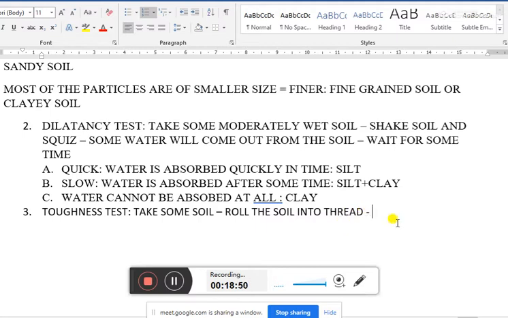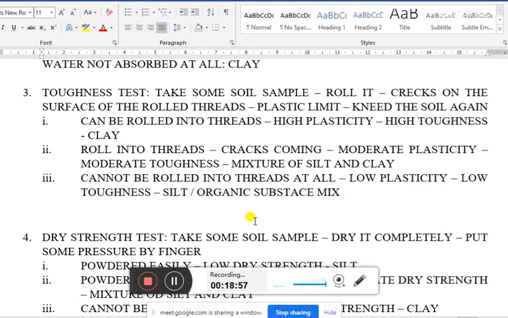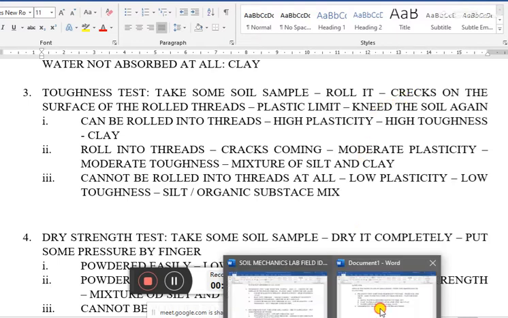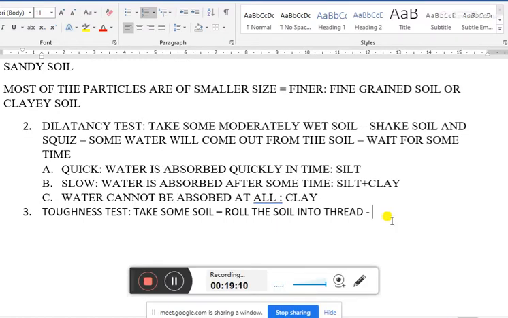You roll the soil into a thread, and if you find some cracks on the surface of the thread, then you may conclude that the soil has reached its plastic limit.